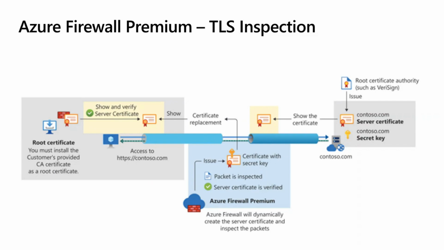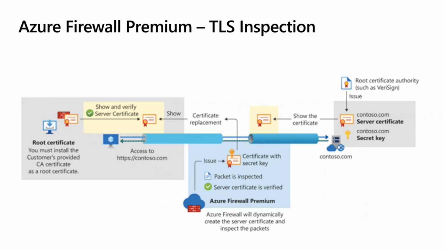In this case, the firewall says, oh, this is encrypted traffic. It knows to terminate the traffic on the firewall, because now it can decrypt the traffic, inspect it, and then send the traffic to the destination.